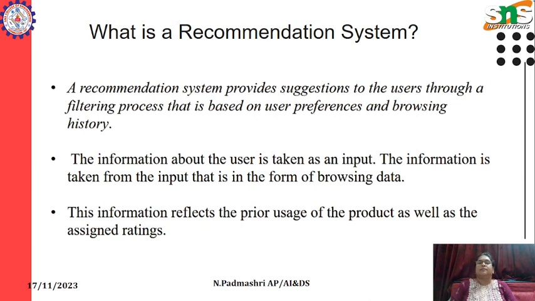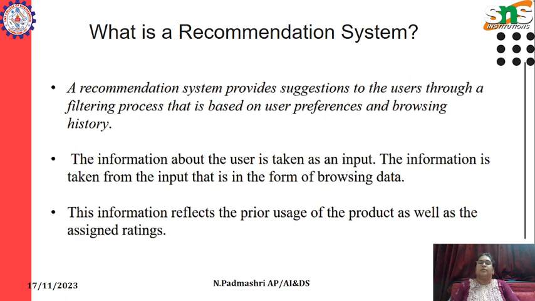A recommendation system gives a suggestion to the user using a filtering process that is mainly based on the user's preference, and the data has been collected from the past history, or we can say the browsing history. So this is called a recommendation system.